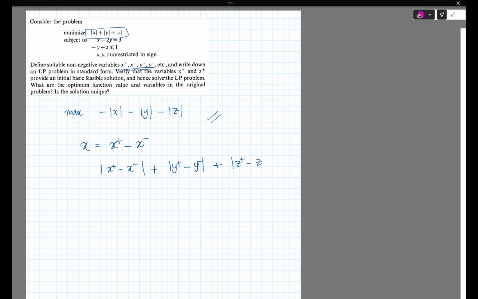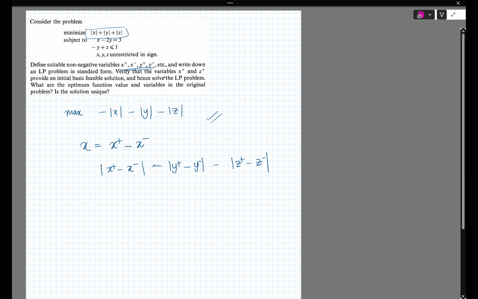Now there again there will be a lot of cases.